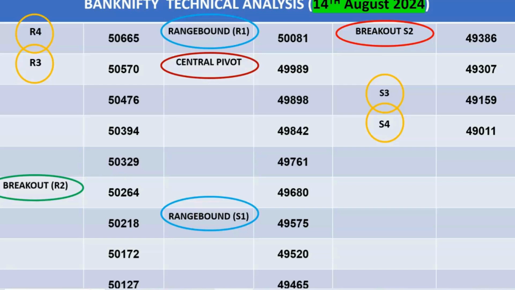And the minor resistance and supports, like this one 50476, or maybe this one 49842, or any of the minor levels which are not encircled or highlighted, you can plot later on, as you see the movement of the markets at that point. You can just add them.